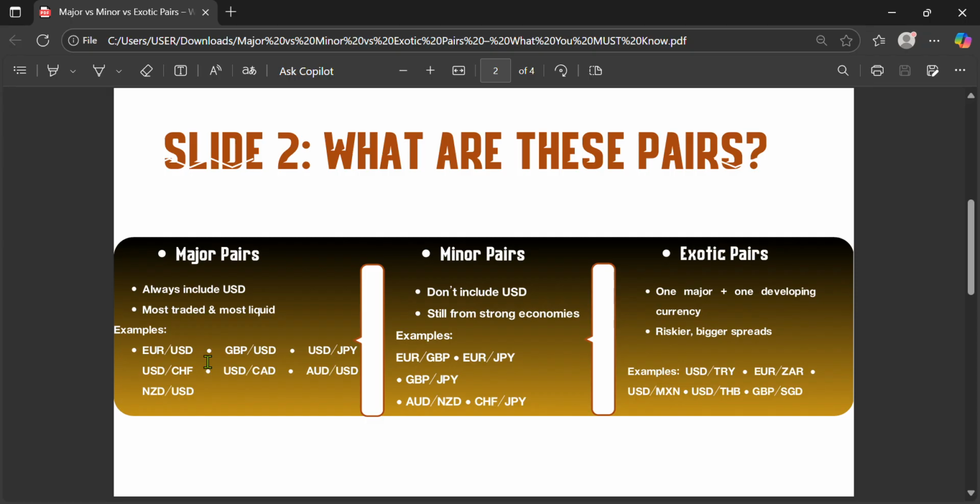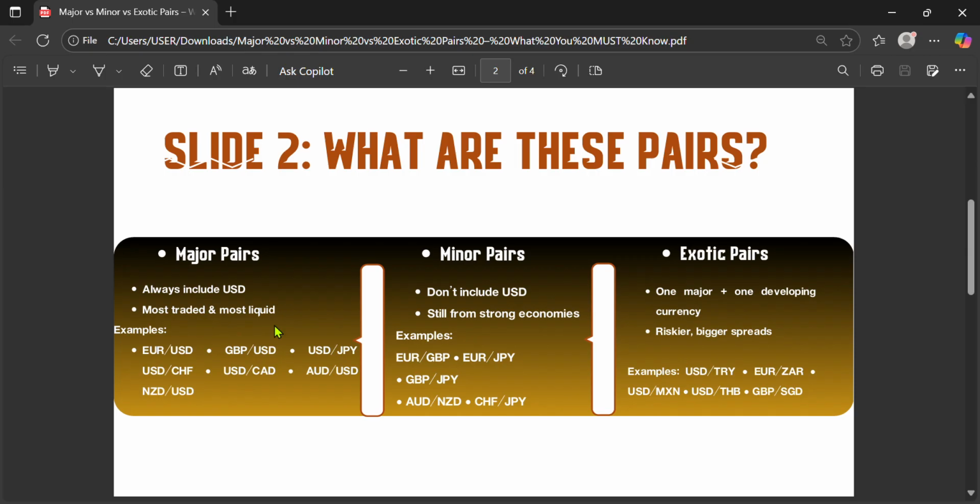However, you must understand that the pairs in major pairs, one, include the USD, and number two, they are also big economies or big markets, and they are the most traded and most liquid, in the sense that they have so much money in them.